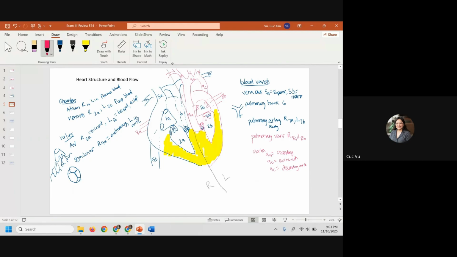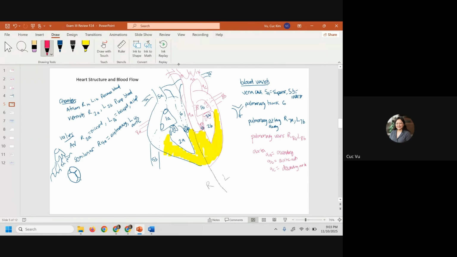What's 10? Brachiocephalic, maybe? Yes, it is. Brachio meaning arm, cephalic meaning head, because at this juncture it's going to go towards the arm and to the head.